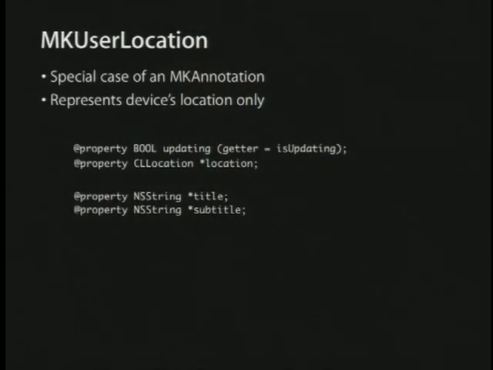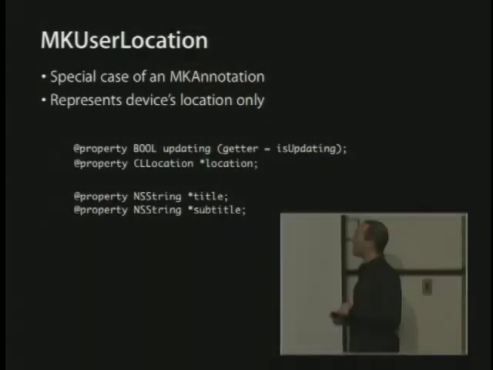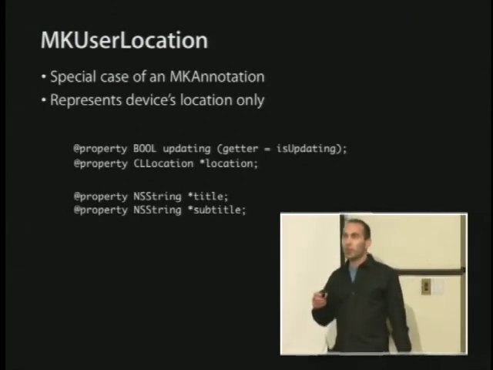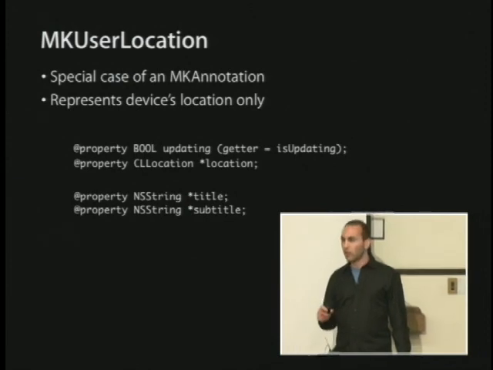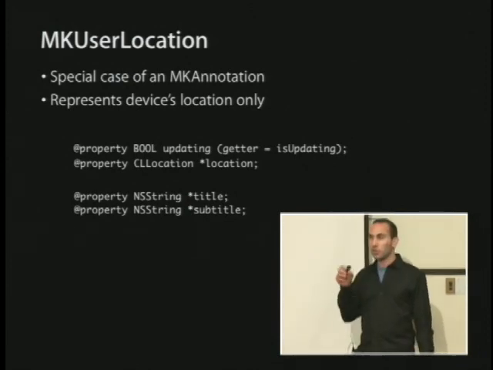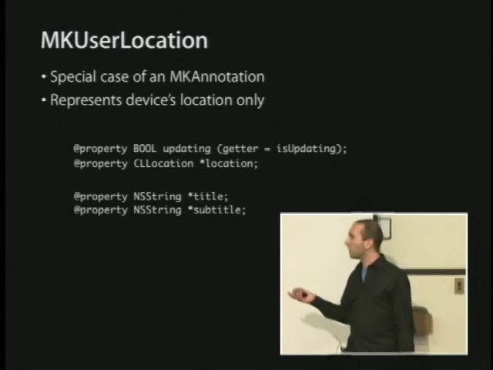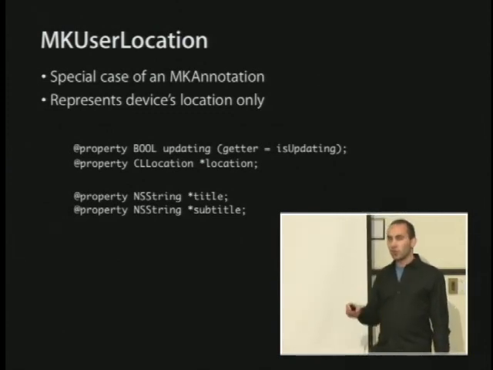All right, user location. Another thing you can get off the map view is the user location. Now we talked about CoreLocation. This is a convenience on that. It's a special case of an MKAnnotation implementing object that you can get directly off the map view. So if you tell the map view that you want it to track user location, then you can say, give me the user location of the map view.